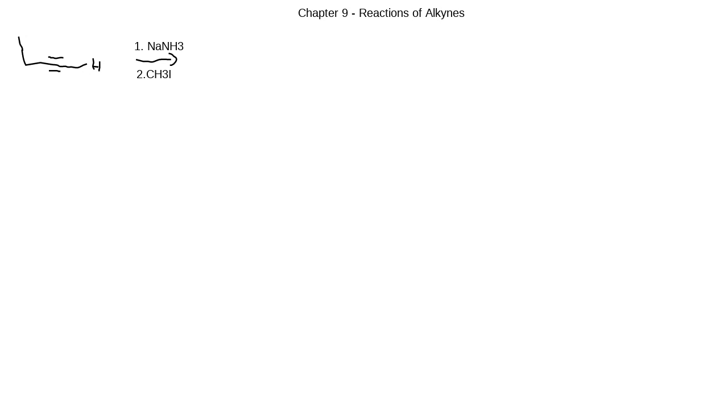Any ideas what this reaction will do based on the starting material and the reagents? Let me know if you guys know in the comments. Okay. It forms an alkene. Okay. Not quite. Any other guesses?